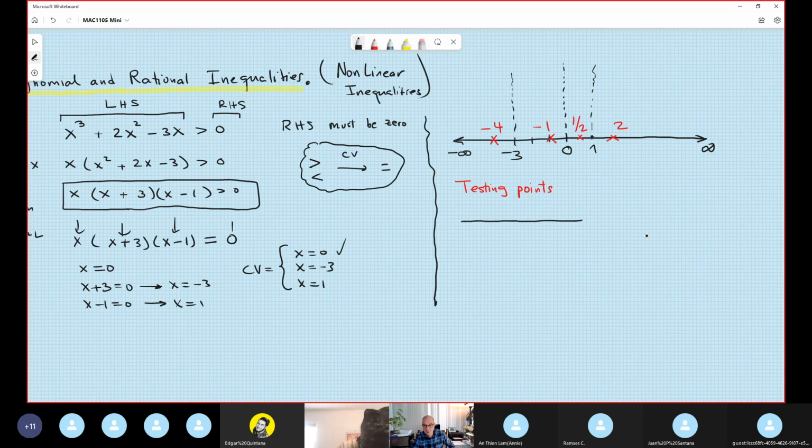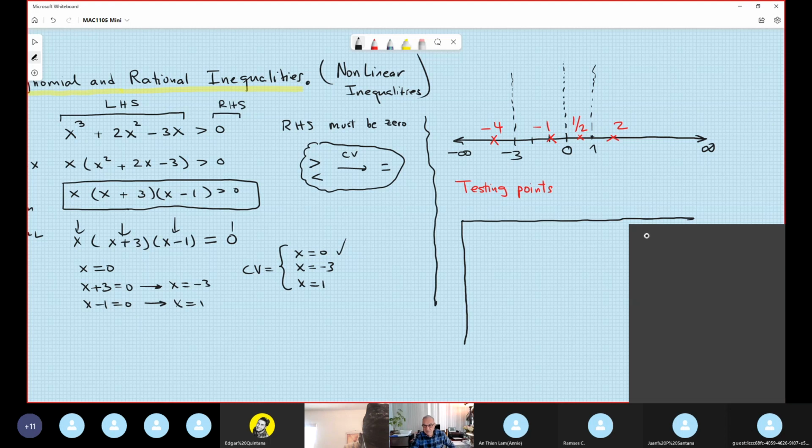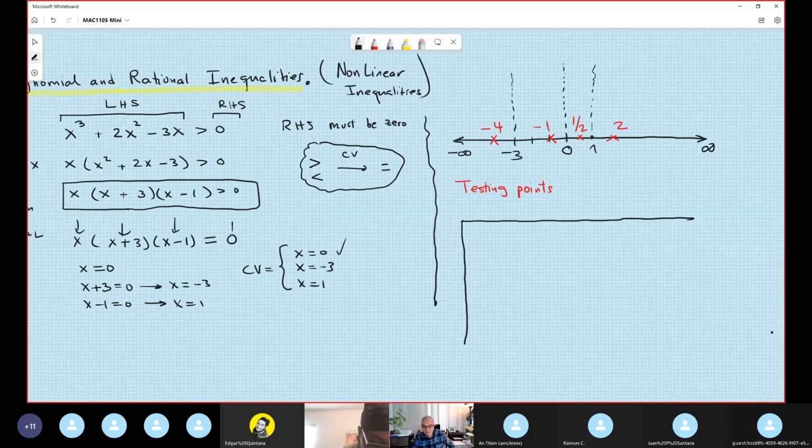However, I propose one mnemonic technique: using a table. The table is super easy. Look, you create one column here for the testing point, TP.